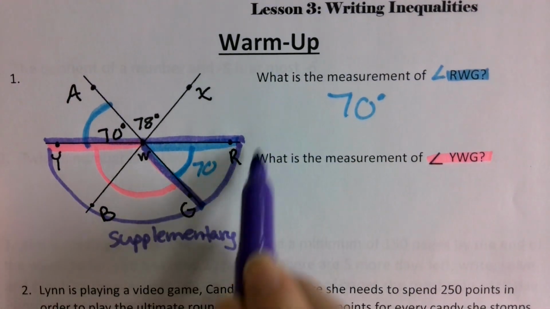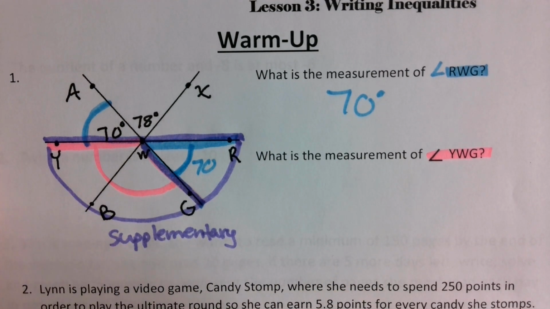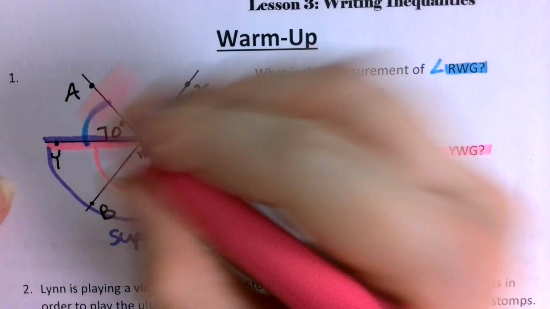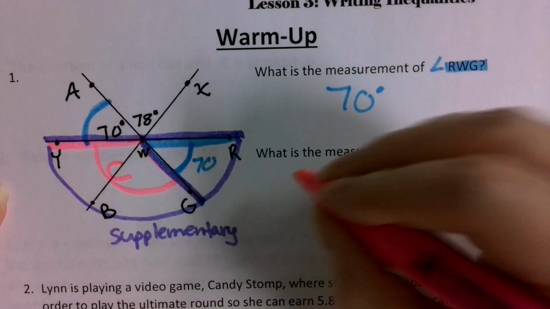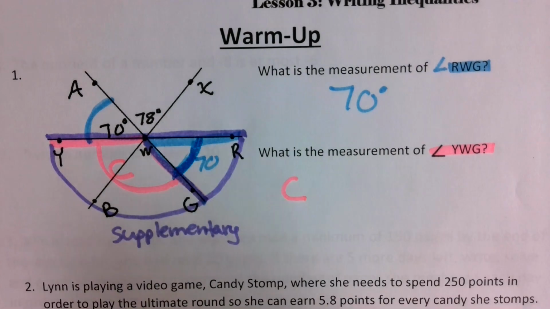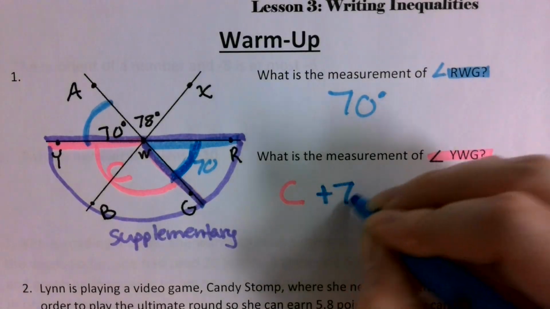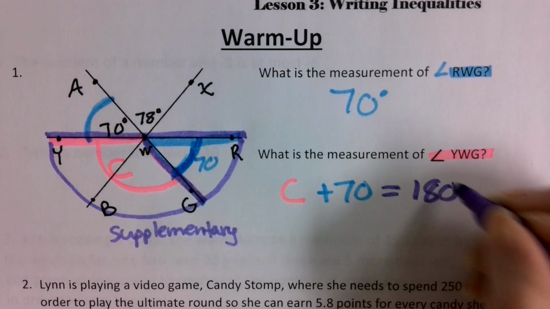This is forming a supplementary relationship, 180 degrees, so if I go ahead and label this, we'll label this C. If I take the measurement of angle C and add it with this measurement that we just solved for, which was 70 degrees, then it's going to equal that supplementary relationship. It's going to equal 180.